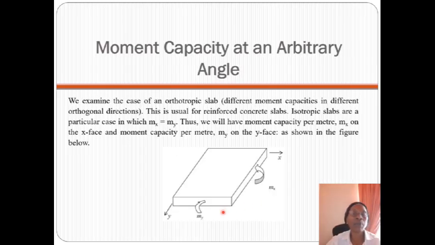And if you have an arbitrary angle, if you examine the case of an orthotropic slab, that is, has different moment capacities in different orthogonal directions. This is usual for reinforced concrete slabs. And isotropic slabs are a particular case in which mx is equal to my. Okay, this is a special case. Thus, we will have moment capacity per meter mx on the x face and moment capacity per meter my on the y face, as shown in the figure below.